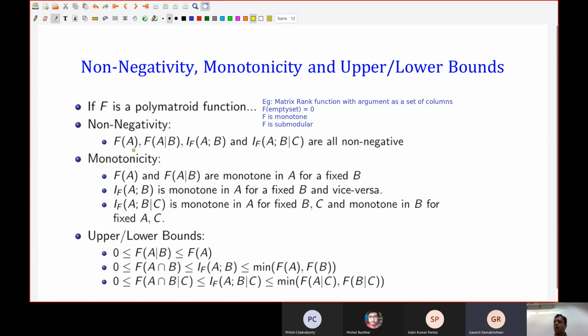So just make a note. We won't go back into the definitions. That's what we have been doing for a while. Monotonicity is not for mutual information, but monotonicity is for the first argument of F and also the conditional gain.